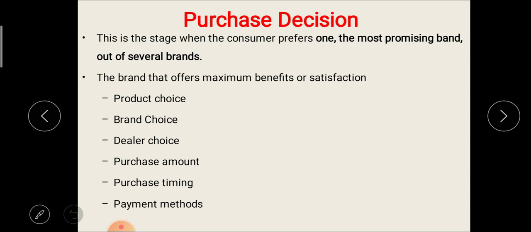Okay, so in this stage, when the consumer prefers one most promising brand out of several brands, then the brand that offers maximum benefit or satisfaction, such as product choice, brand choice, dealer choice, then purchase amount, purchasing timing, and payment method, all these things are considered while making the purchase decision.